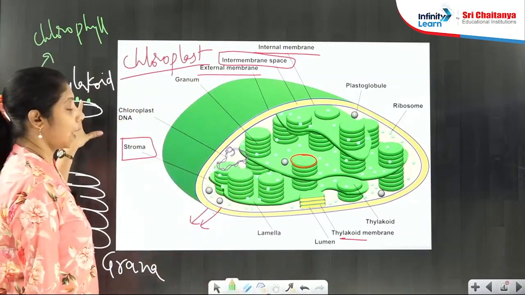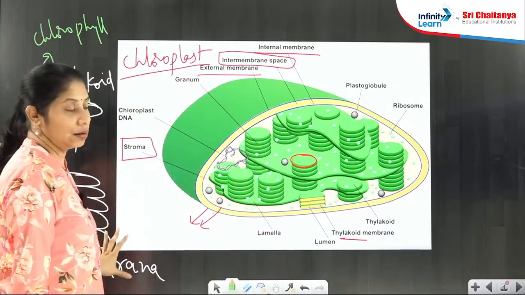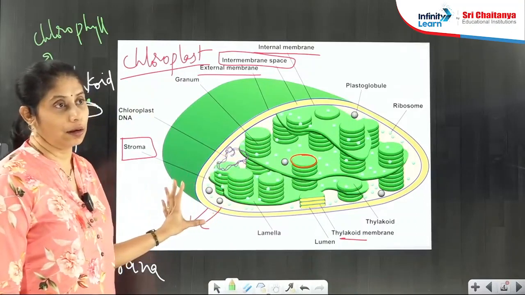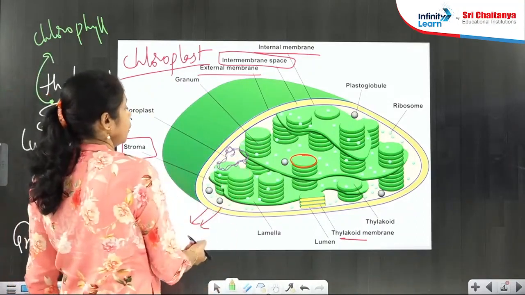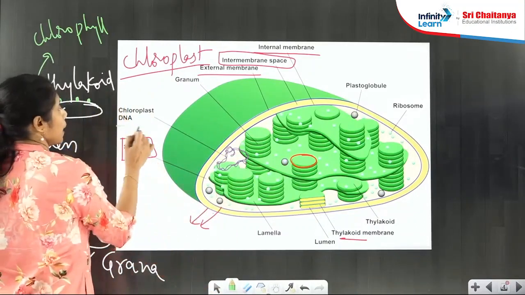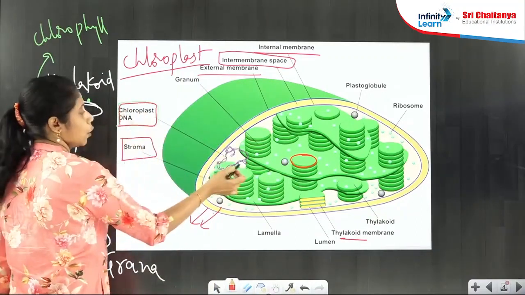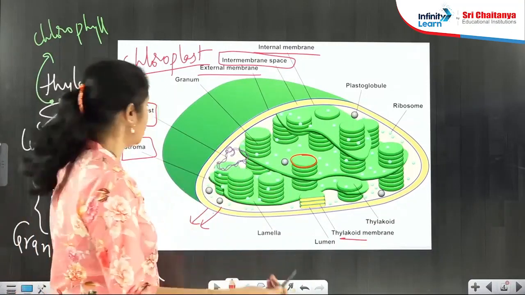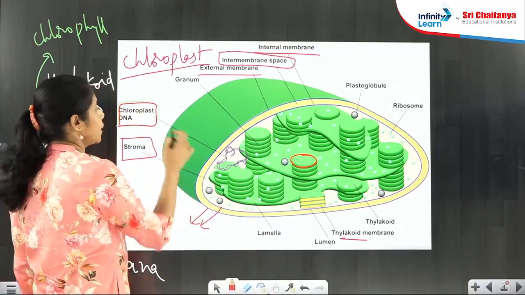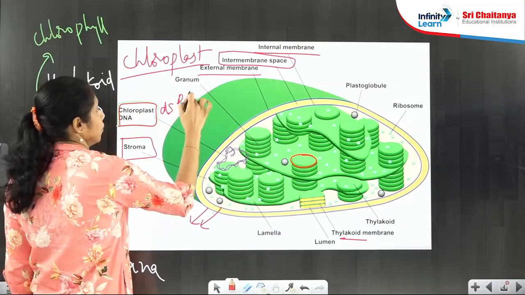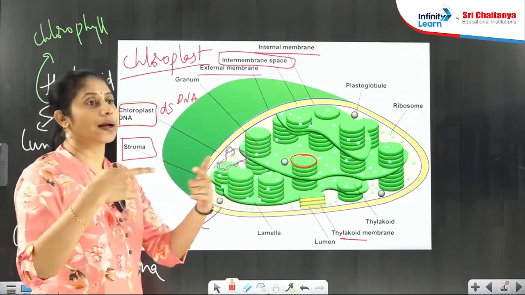So the thylakoids will form the grana. They are actually present in the stroma. But now in the stroma, all of you can see chloroplast DNA is there. This purple color one is the chloroplast DNA. Like the mitochondria, this also has a double-stranded circular DNA. It is circular because the ends are connected.